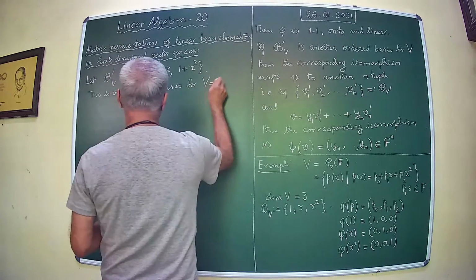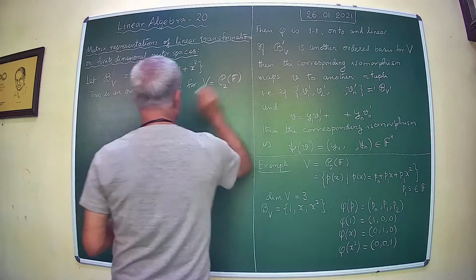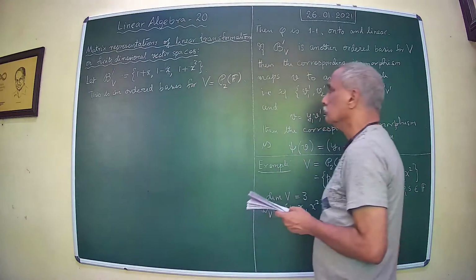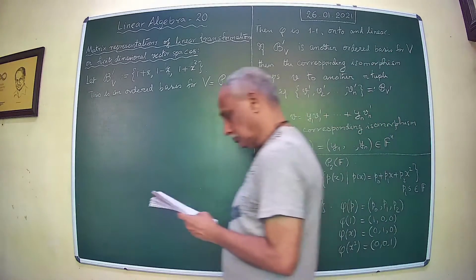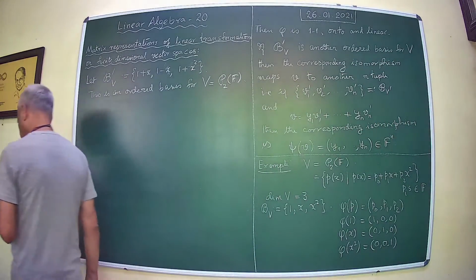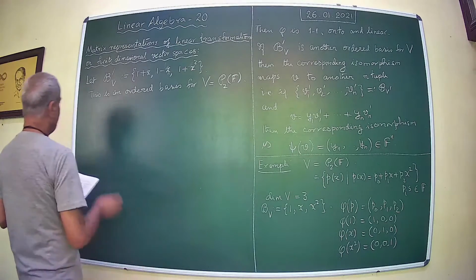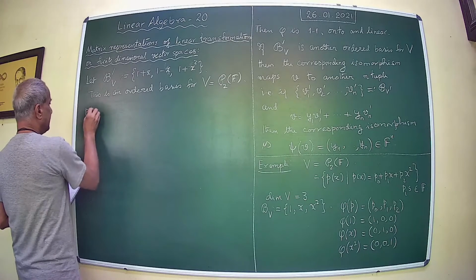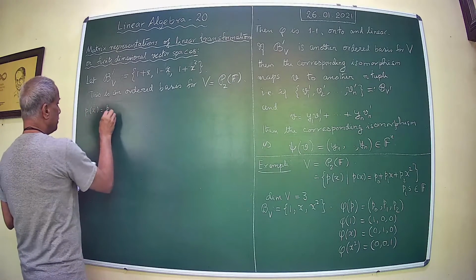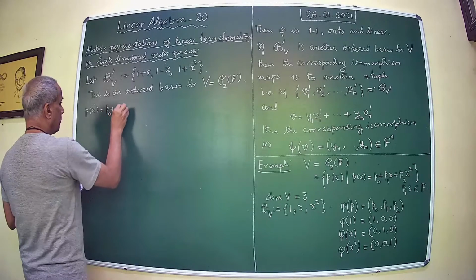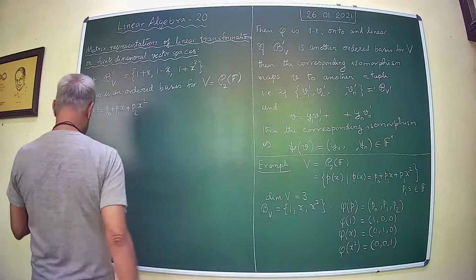Now let us compute this. So we take P(x), which is equal to p0 plus p1 x plus p2 x square.